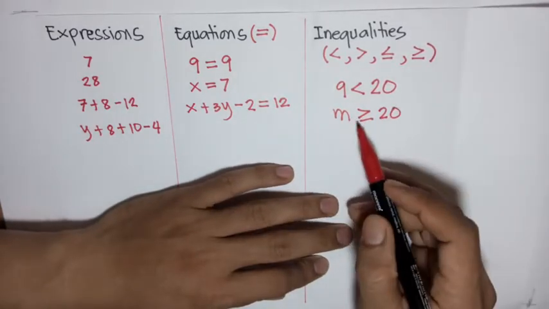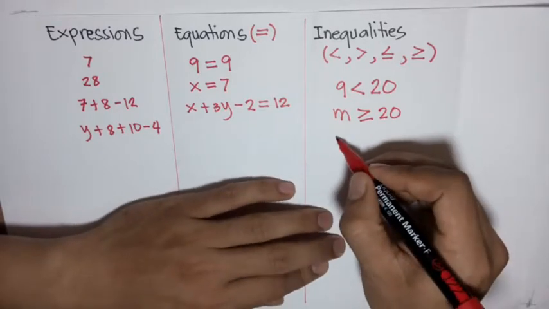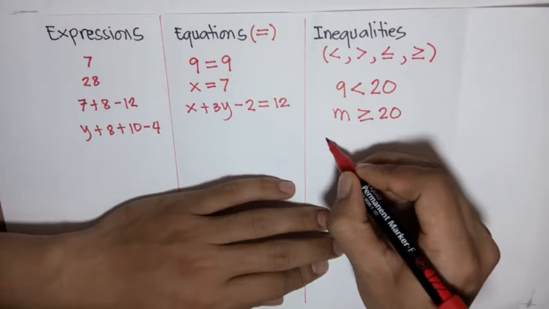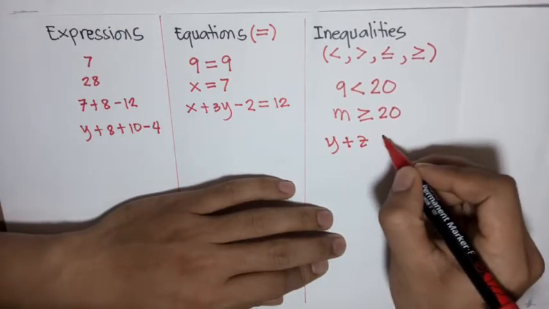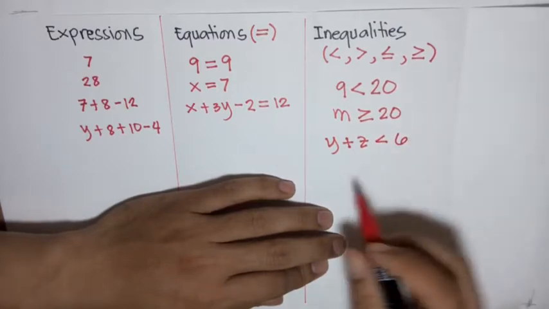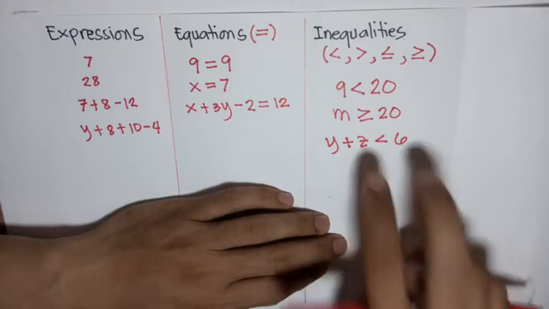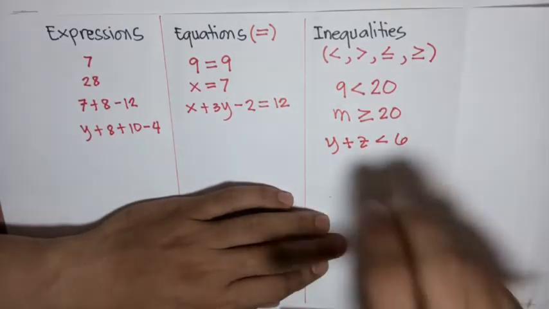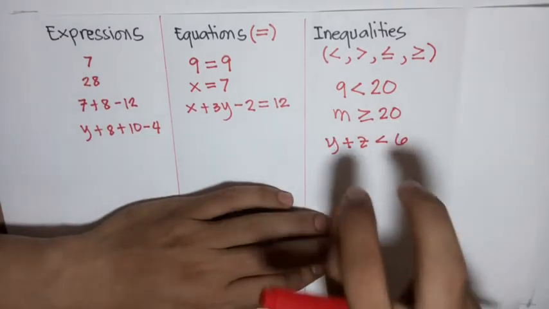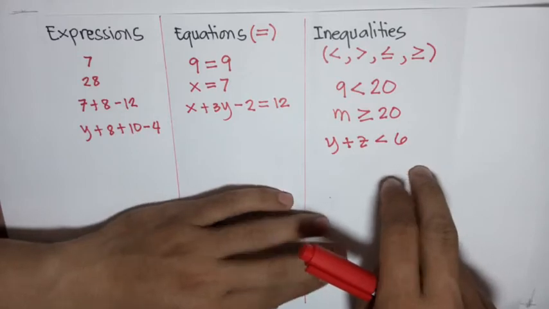This is an inequality because they are not equal. Another, y plus z is less than 6. This is an inequality. Again, inequalities compare two expressions which are not equal. One is greater and the other one smaller.